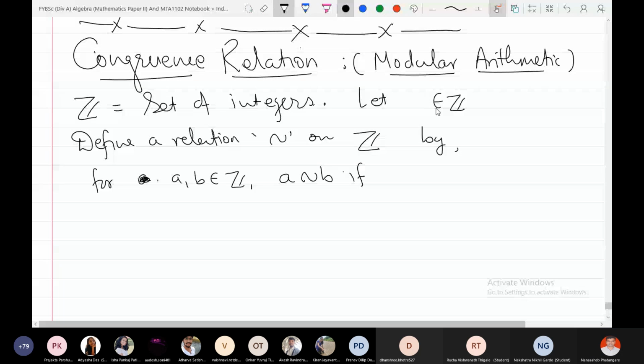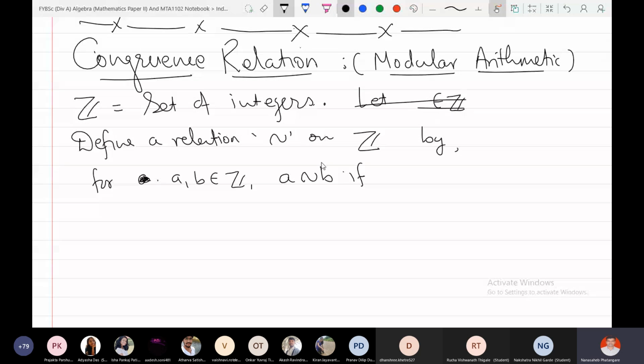So a is related to b if b minus a is divisible by 5. So this is my relation.